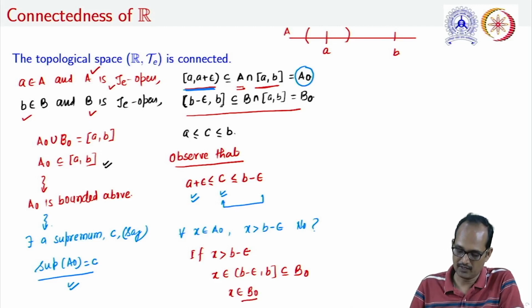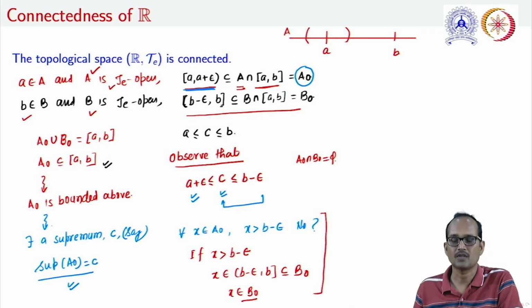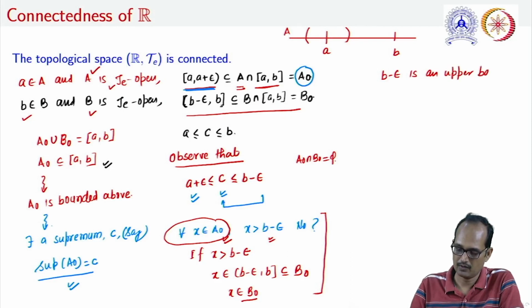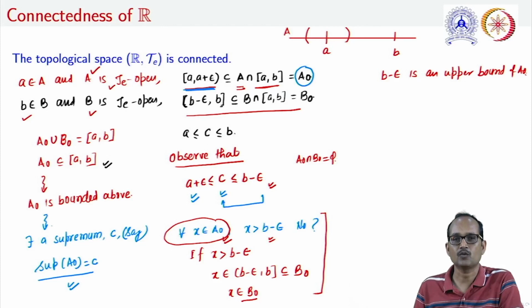But we have seen that A naught and B naught are disjoint. Therefore, this is a contradiction. It means that no element of A naught can be greater than b minus epsilon. That is, b minus epsilon is an upper bound of A naught, and that's why it is greater than or equal to the least upper bound, that is the supremum of A naught.